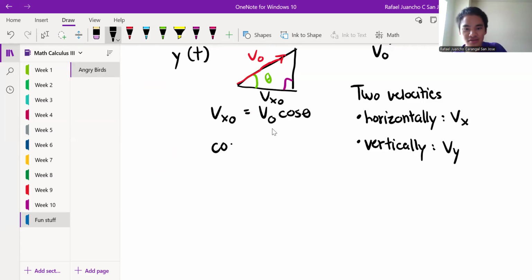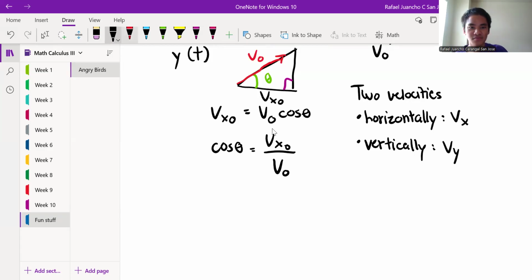So cosine theta, if we remember our trig, is the adjacent side, so this side, over the hypotenuse, which is the longest side of a right triangle. So the adjacent side, which is Vx naught, over the hypotenuse.